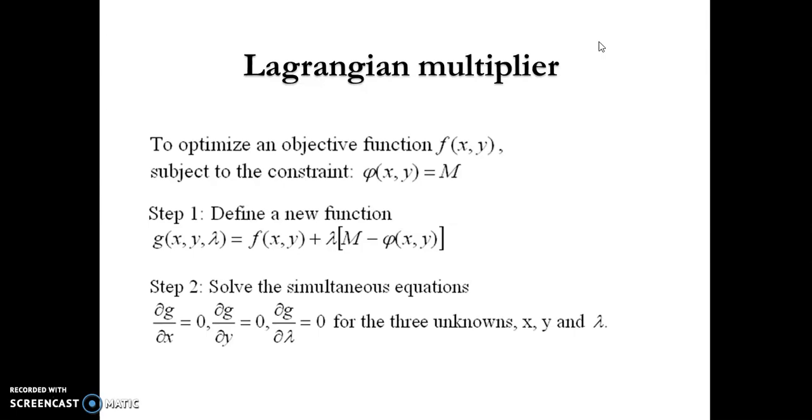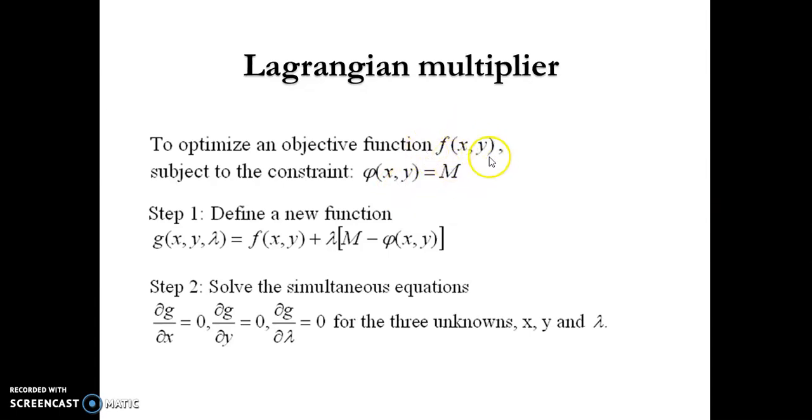a cost constraint. So to optimize an objective function such as this, subject to a constraint, here this Greek letter phi is just a function of these two variables x and y, and it is equal to some constant.